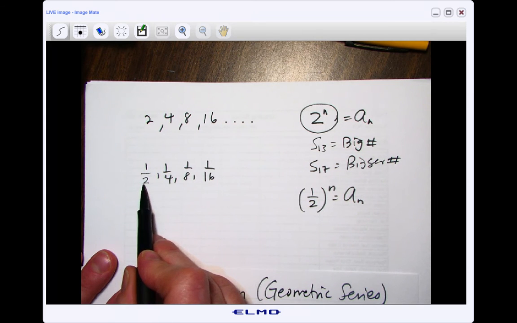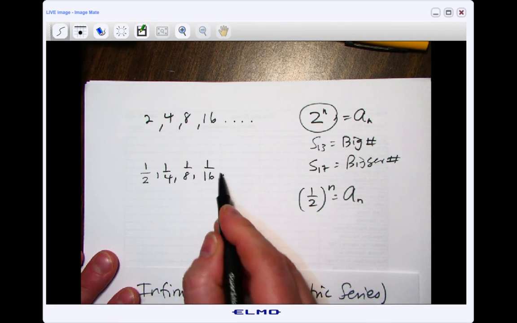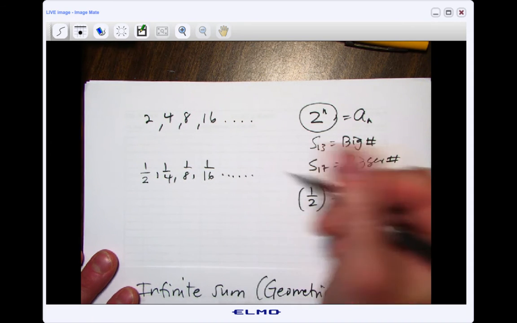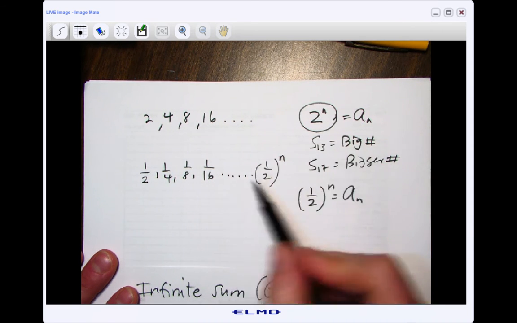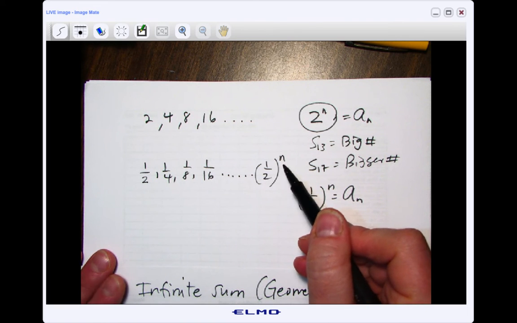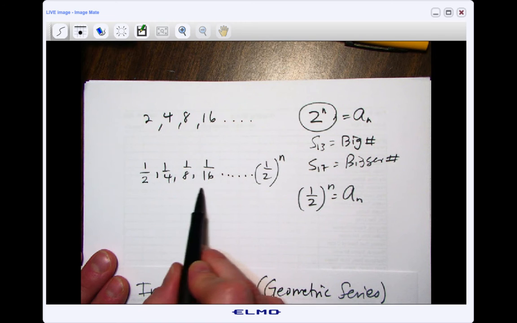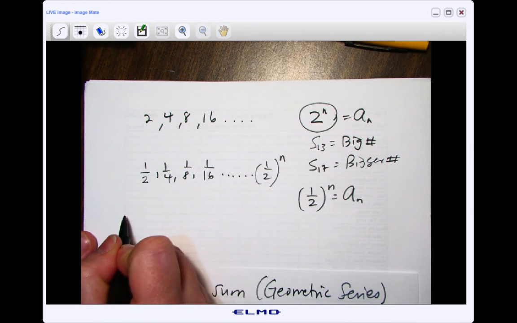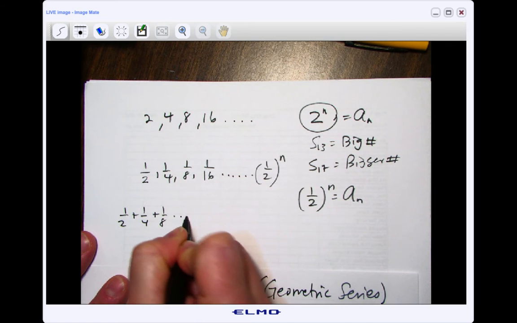This is the biggest number that we have in our sequence, and this is the smallest. You're adding 1/2, and then you're adding 1/4, and then you're adding 1/8, and then you get all the way up to here.